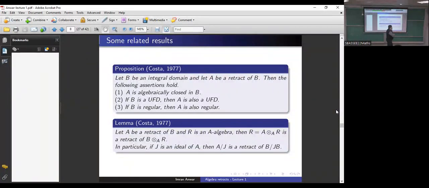If A is a retract of B and R is an A-algebra, in that particular case, then he constructed this R, which is this one, an A-algebra retract of this particular one.